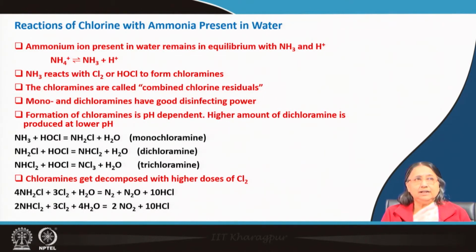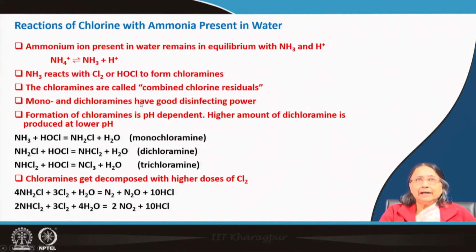Chlorine, HOCl and OCl minus, that means hypochlorous acid, hypochlorite and chlorine, all these three are called free chlorine or free chlorine residuals. But the chloramines, which are produced by the reaction of ammonia with HOCl or chlorine, are called the combined chlorine residuals.